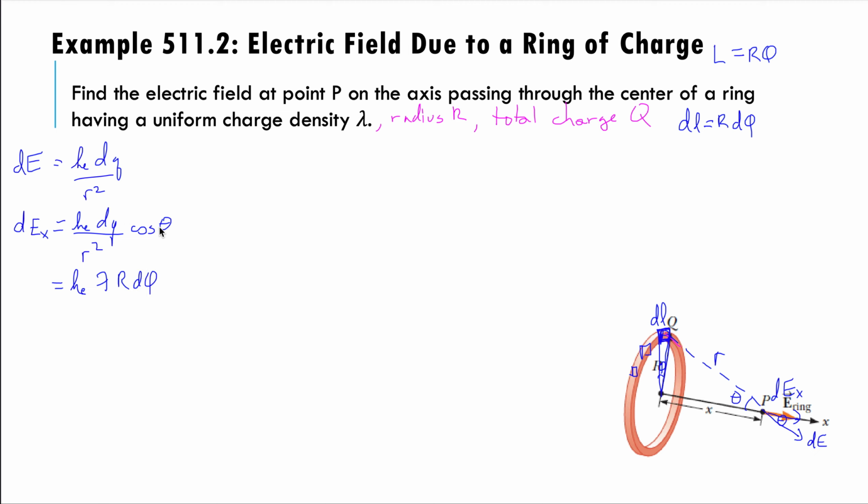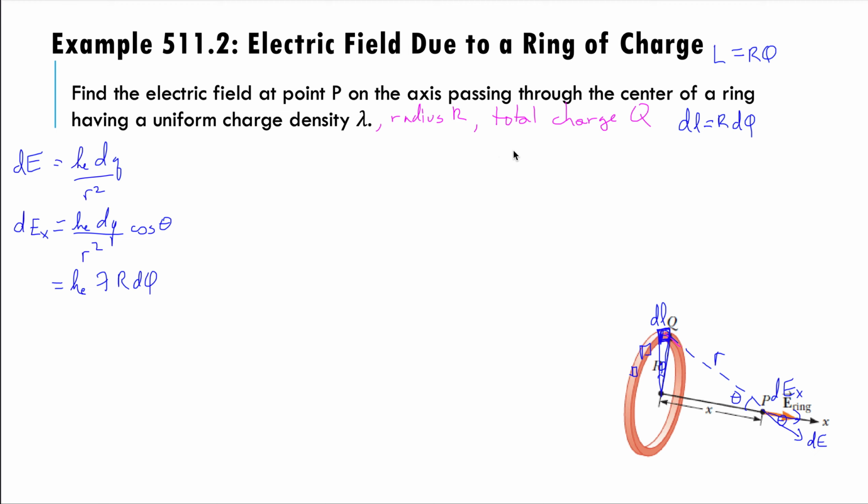Now, cosine theta and r squared, those are actually constants as well, right? The theta is the same for all of the points. The r is the same. We still need to rewrite these two in terms of the variables that were given in the problem, but we're not going to be integrating over these expressions.